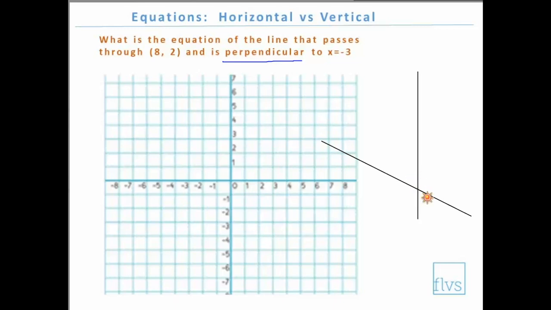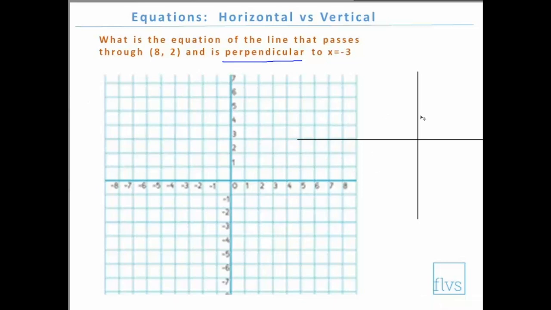If you make your thumb and your index finger and you make a big capital L, that's a 90-degree angle. So we need an exact 90-degree angle, which means if you have a vertical line, well then the line that makes it perpendicular would be a horizontal line. So when you have a perpendicular situation, you're going to have the opposite type of equation. If you've got an x equals equation and they say be perpendicular, you're going to need a y equals.